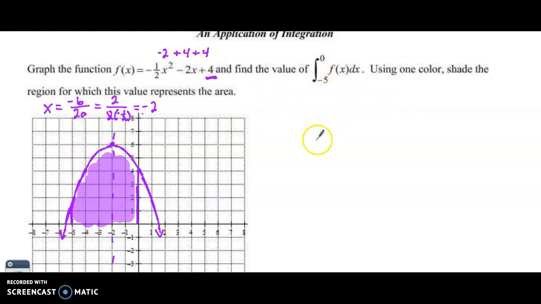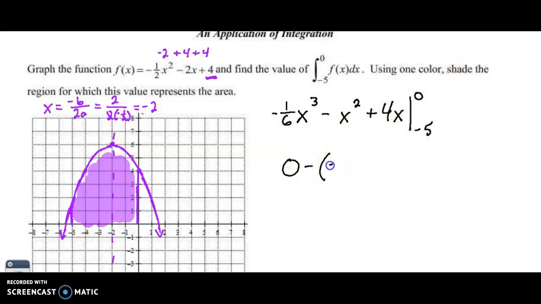So that's what that represents, and if I were to do the problem, I'd be doing the antiderivative, so it'd be adding 1 to your exponent and then multiplying by the reciprocal. So negative 1/6 is 1/2 times 1/3, and then minus x squared, 2 divided by 2 is 2, plus 4x from negative 5 to 0. What's nice about all these zeros is we're going to get 0 and then minus negative 1/6 times negative 5 to the 3rd power.